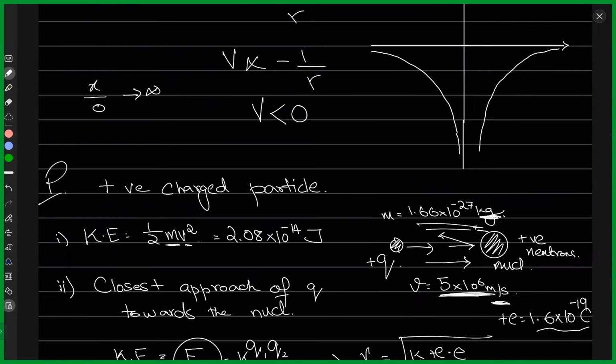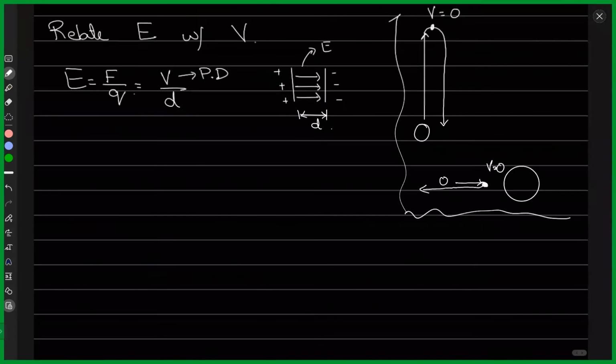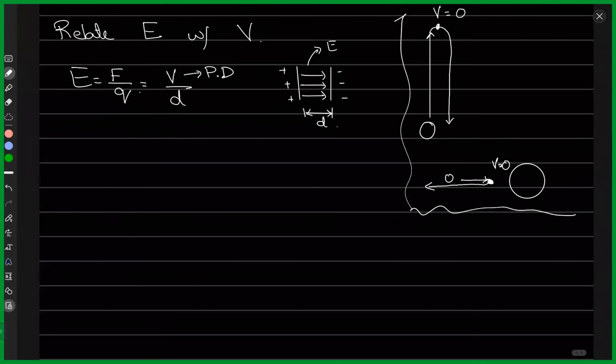We did an example problem where we saw that if a charged particle comes closer to the nucleus of an atom, its kinetic energy is changed into electrical potential energy, or how the two different energies are related. That's what we did last time. Then we started talking about the relation between the electric field strength and the potential difference, electrical potential. So we'll continue from there.